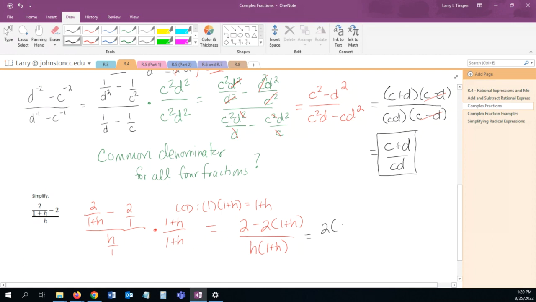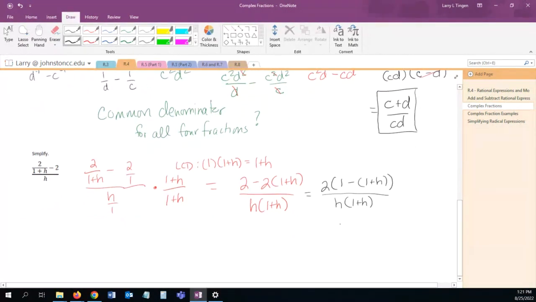And then here's the toughest part. When I do that, take this 2 away, divide by 2 is 1, minus 2 divided by 2 is 1. And then in the denominator, I've got h times 1 plus h. Well, I can do some subtraction here, right?